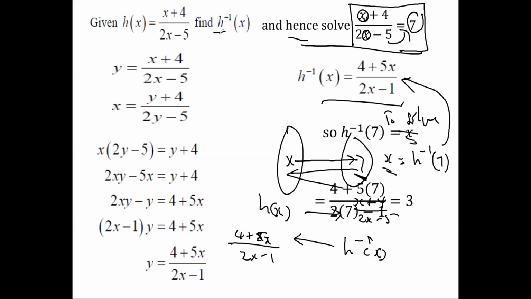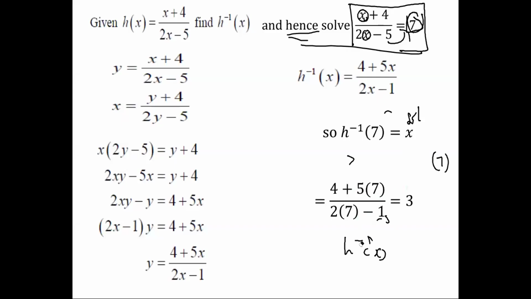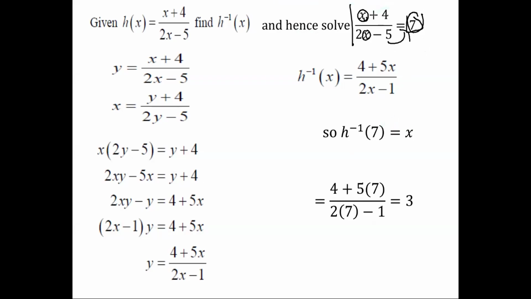Yeah. So that's why they ask you to find the inverse and hence solve this equation, because the inverse is going to take 7 and churn out the value of x, if we understand how the function and the inverse work.